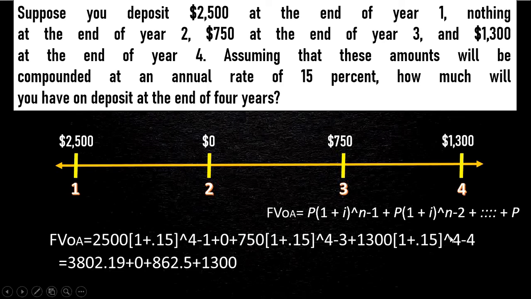So it will be only 1,300 in the last year. So the total amount would be $5,964.69. So when these amounts are deposited, you will have $5,964.69 at the end of 4 years. Okay, so that's it.